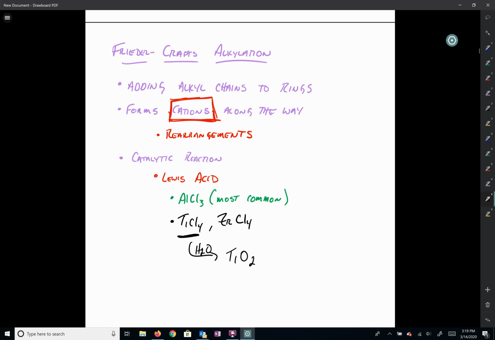So just as a brief aside, there are a lot of uses for titanium, and I do want to remind you guys that I show you one or two ways of accomplishing some of these transformations. But if you ever look it up online, and there are some fantastic resources there, we see there's actually a lot of ways to accomplish even something like a Friedel-Crafts alkylation, right?